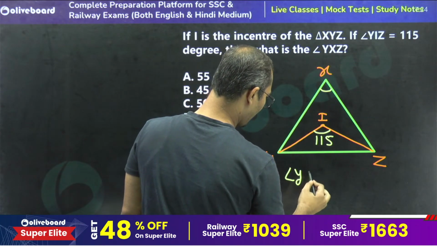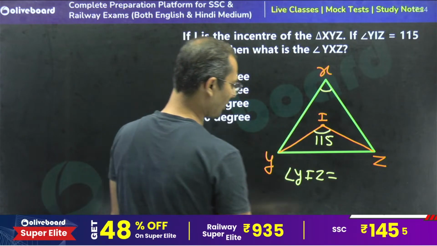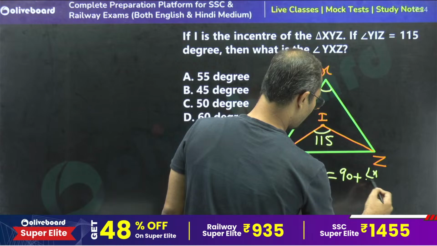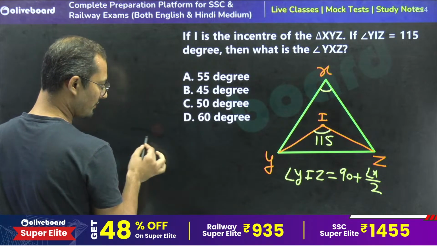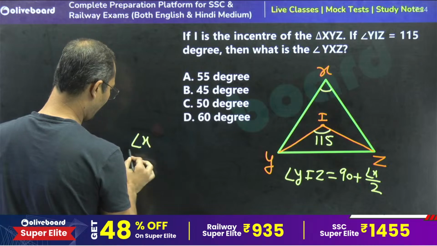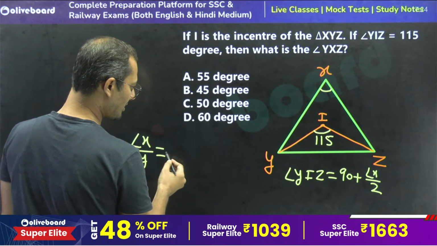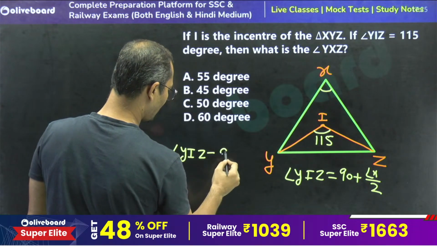So we know that the angle YIZ, the angle made at the incenter, is always equal to 90 plus half of the opposite angle. So we can say that angle X by 2 is equal to angle YIZ minus 90, right?